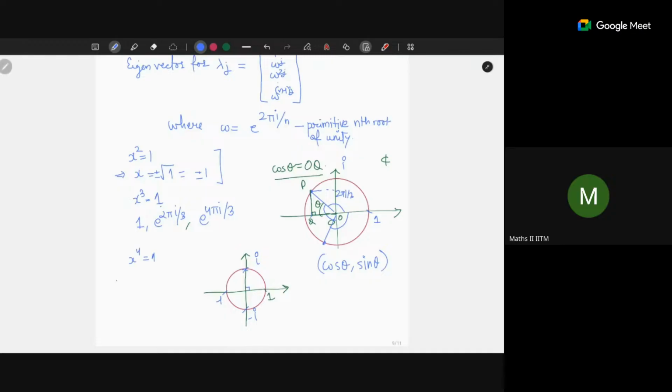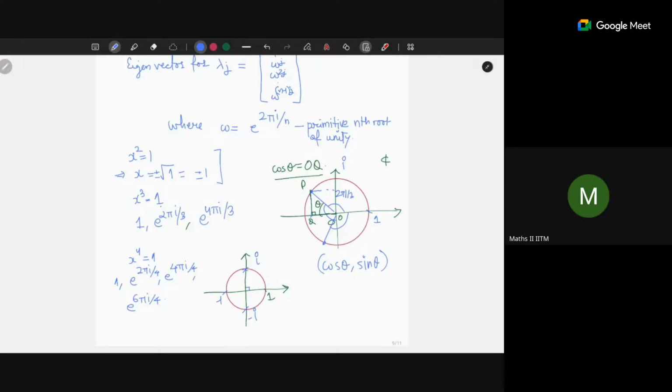You can also express them in terms of x to the power 4 equal to 1, so e to the power 2 pi i by 4, e to the power 3 pi i by 4, sorry, it is already 2 pi, so 2 times this, so it is 4 pi, and then e to the power 6 pi i by 4.